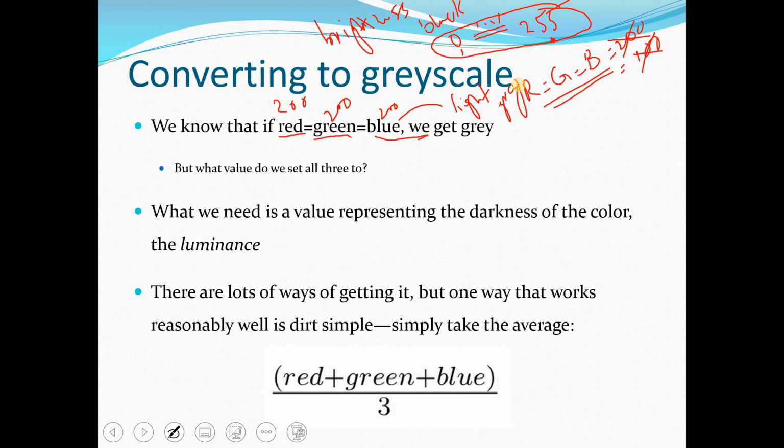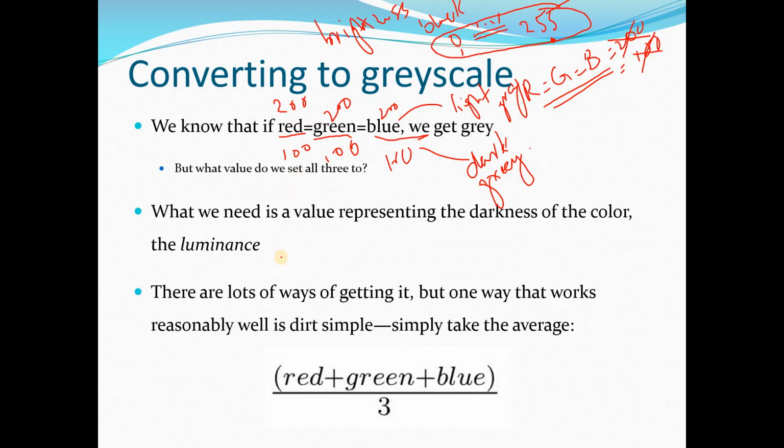And if the color value is low, maybe 100 100 100, then the color that will be created will be dark gray. Is it clear? So we have a set of different gray colors inside a grayscale image.